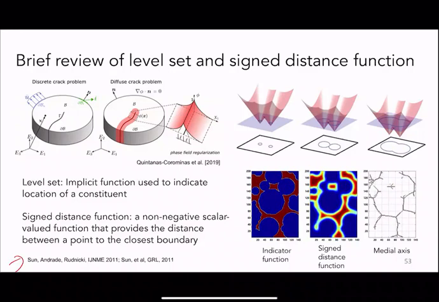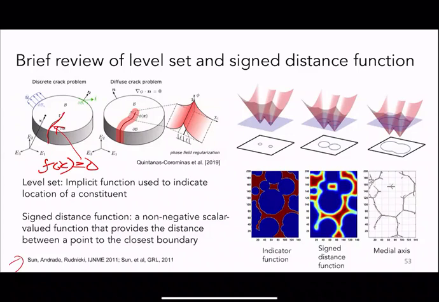So here I'm just giving a recap of what a level set is. A level set is a scalar function in the spatial domain, and it indicates that when the level set is equal to 0 at that particular point, then we know this is the interface, okay? And we can introduce a sign there. The sign can indicate whether it's in phase 1 or phase 2.